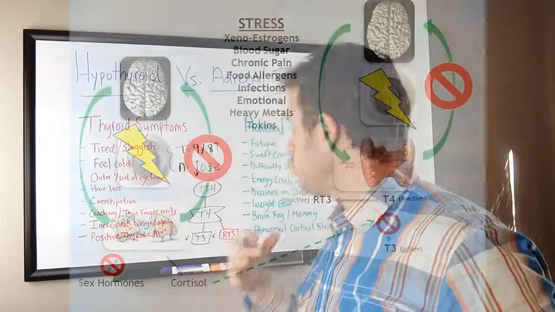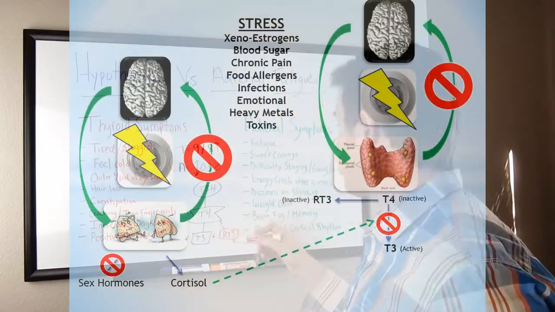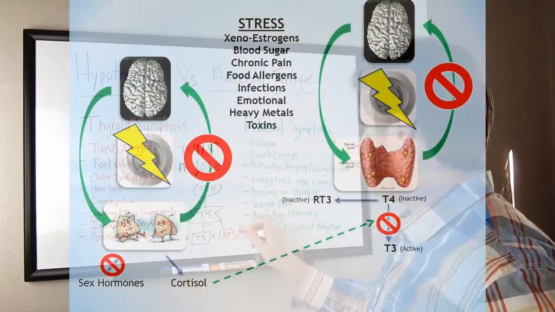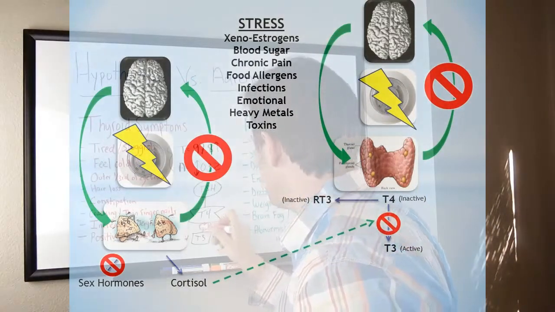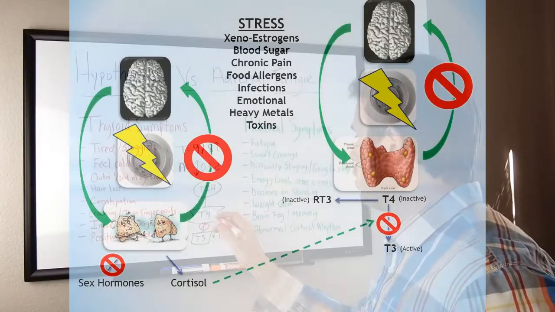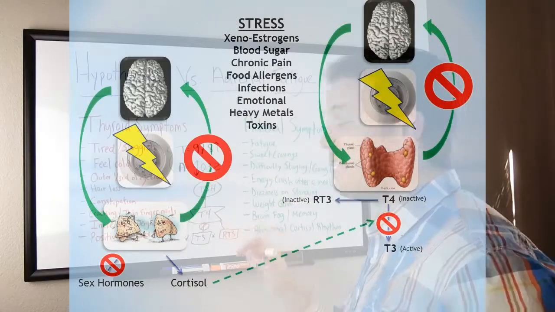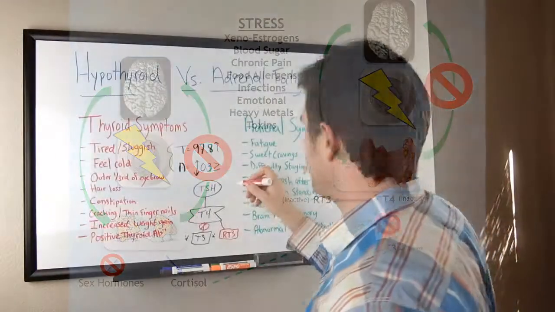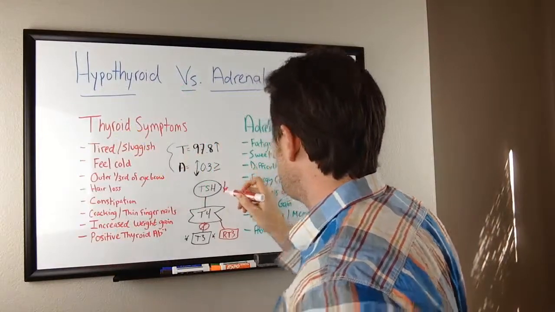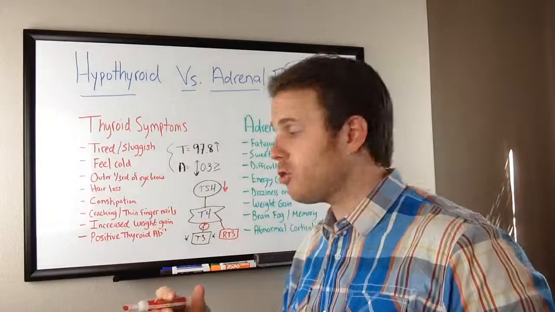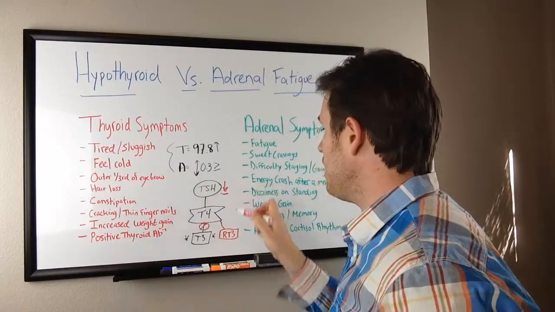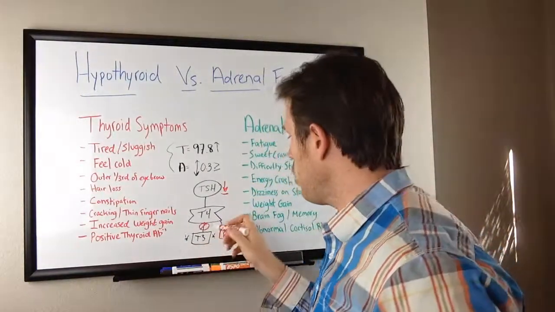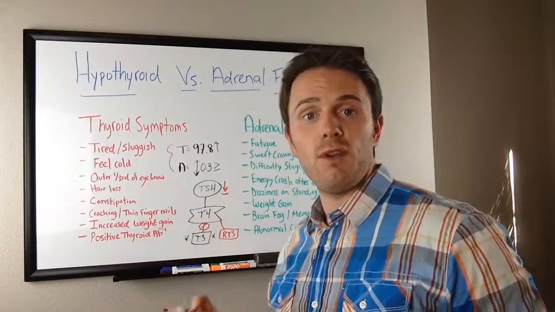If we don't have enough cortisol, that will actually shut down that conversion. So too much cortisol, we get reverse T3, and we also get suppression of TSH. Too much creates stress, your body shuttling more to reverse T3, and we're decreasing TSH. If we have too little, we're going to lessen our T4 to T3 conversion.